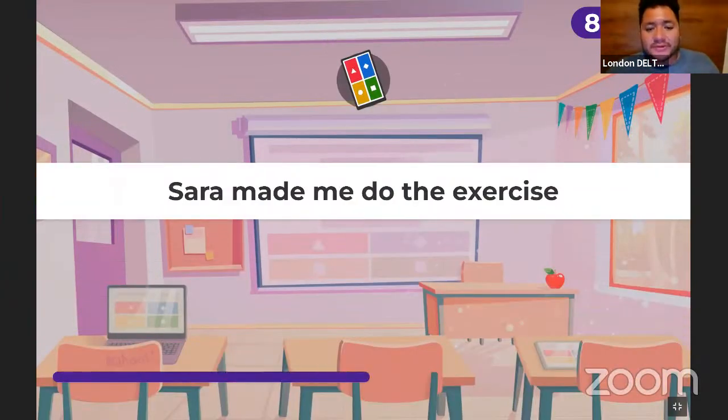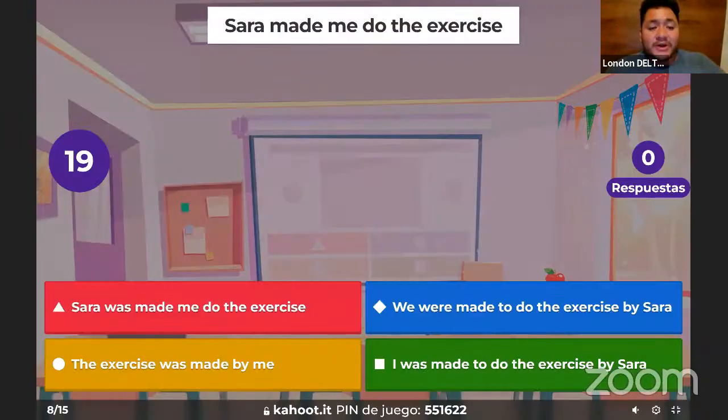Let's go. Sara me hizo hacer el ejercicio. Cuidado, yo soy el objeto, porque yo soy quien recibe el efecto de la acción. El ejercicio no es el objeto.